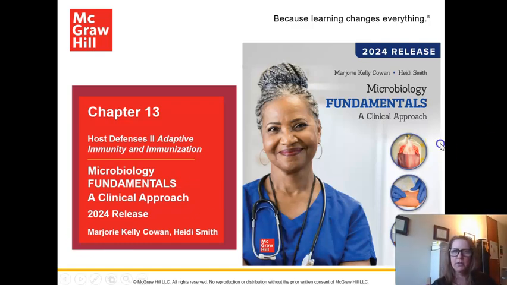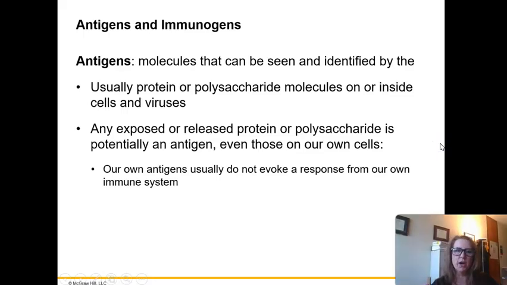So let's get started. Our immune system has three lines of defense, right? The first line of defense is passive: skin and mucous membranes. The second line of defense are some generic white blood cells that are going to go out there and kind of help us out, maybe if you've cut yourself or something like that. The macrophages and natural killer cells are two examples. And then we have the third line of defense.